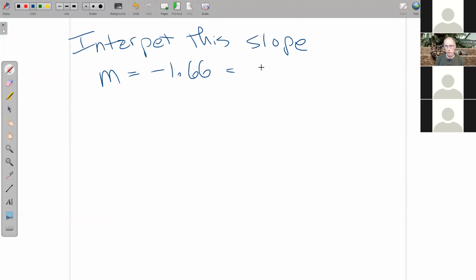So I can always view that as negative 1.66 over 1. Okay, so if there isn't a denominator, put 1 in the denominator. Now my output in the top here, my output was pounds. And my input was the number of weeks that went by in the weight loss program.